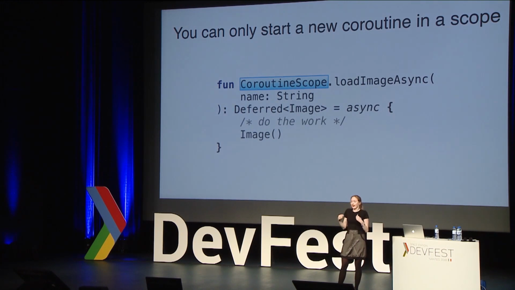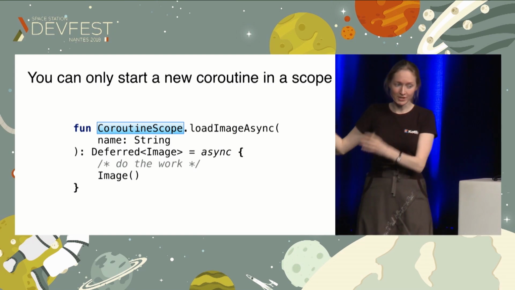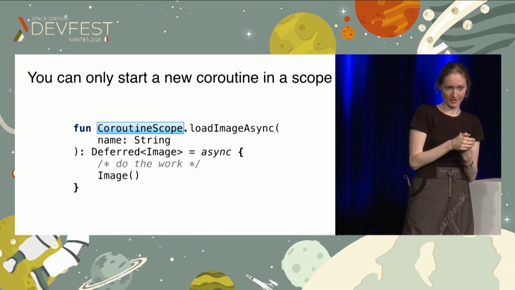And now, whenever you want to start a new coroutine somewhere, in some other thread, some new asynchronous computation, you have to explicitly define the function that starts a new coroutine as an extension on coroutine scope.